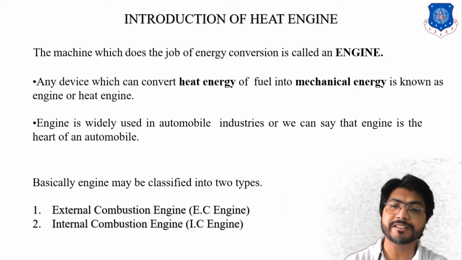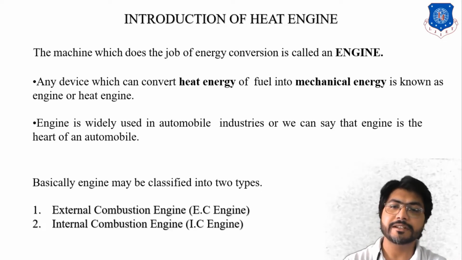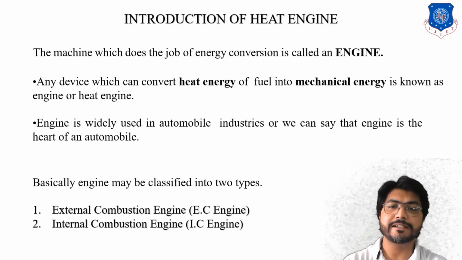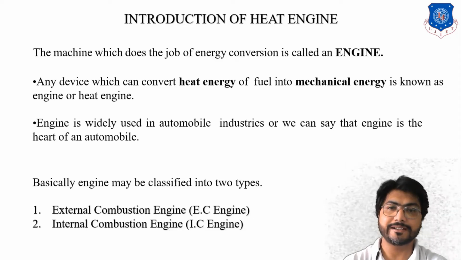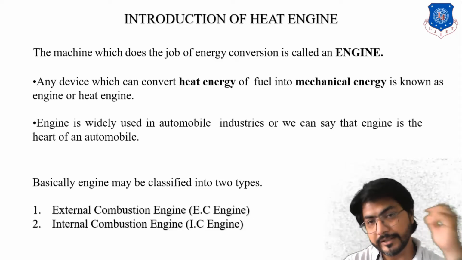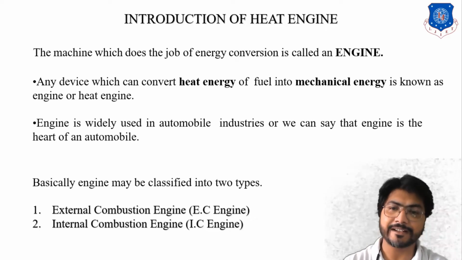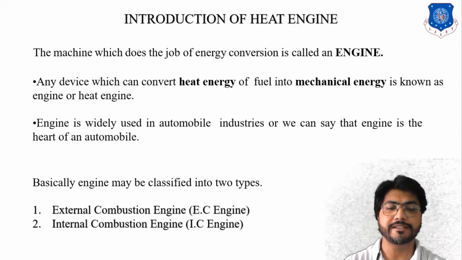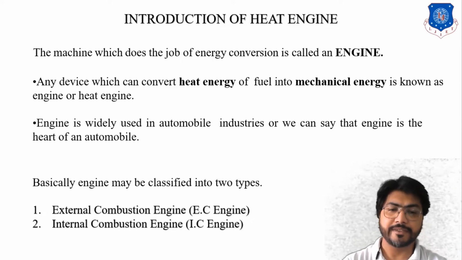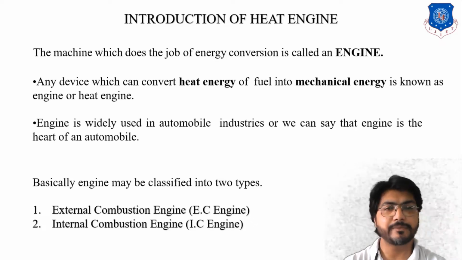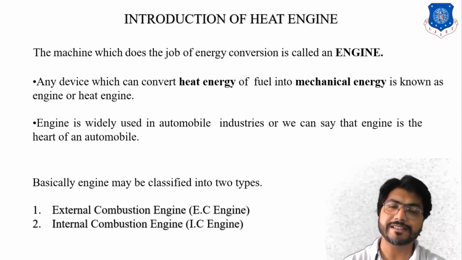Now the internal combustion engine: the heat energy of the flue gases or chemicals is released inside the cylinder. So the main difference is that in external combustion, the combustion takes place outside the engine, and in internal combustion it takes place inside the engine.